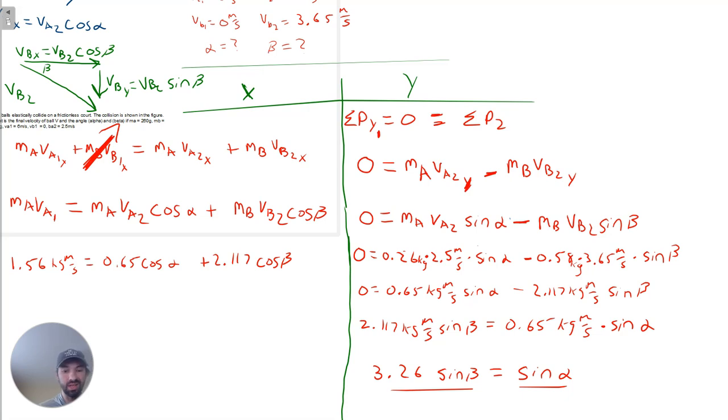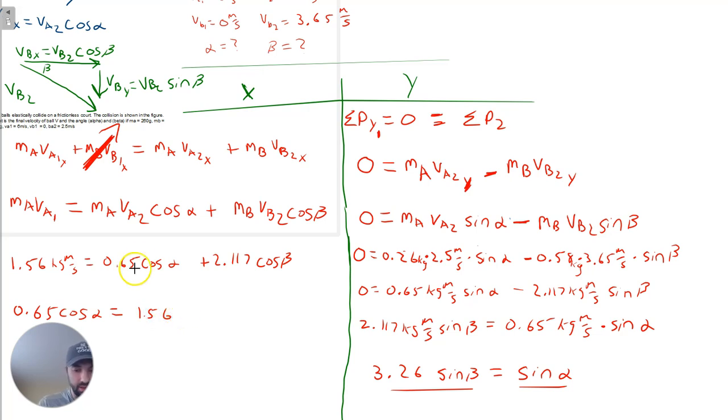All right, my goal here is now going to be to isolate as well. So I'm going to do a little bit of rearranging, and what I'm going to do is say 0.65 cosine alpha is equal to 1.56 minus 2.117 cosine beta.